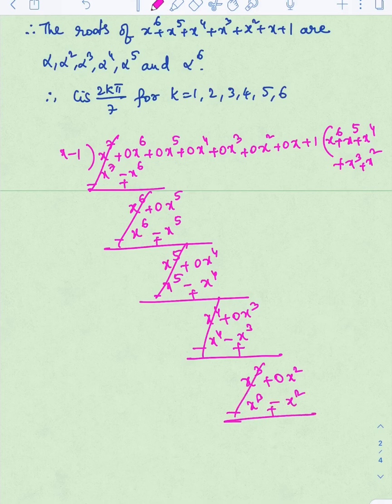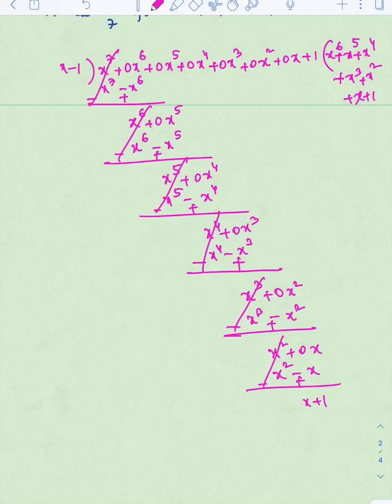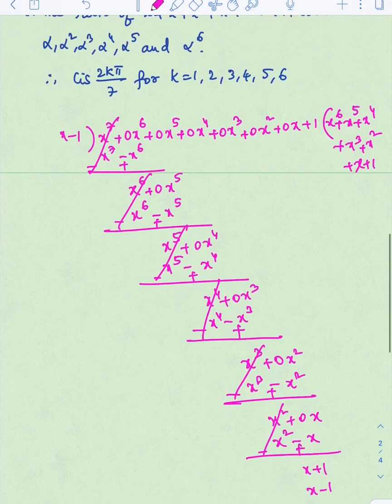Again x square should come, x cube minus x square, and change the symbols, x square plus 0 x. Again plus x should take x plus 1, and here also we should write 1 only, so you get x minus 1.